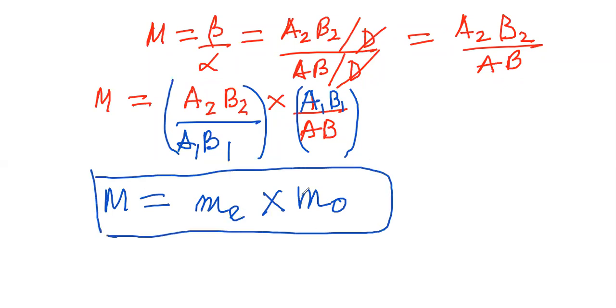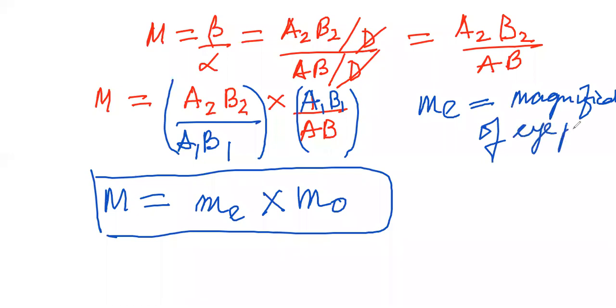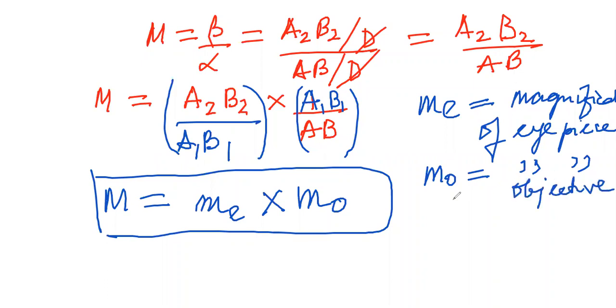So we have come across a very interesting formula. Magnifying power is equal to the product of magnification of the eyepiece and magnification of the objective. MO is the magnification of the objective lens. This is a very important formula we have come to.